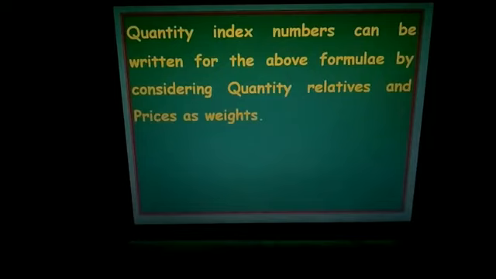The opposite one to quantity, that is prices, must be the weights. Previously, while writing price index numbers, we had considered weights as quantities. So let's start studying these quantity index numbers.